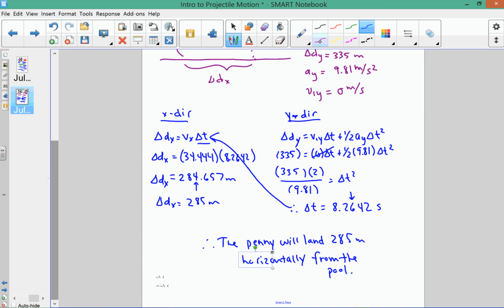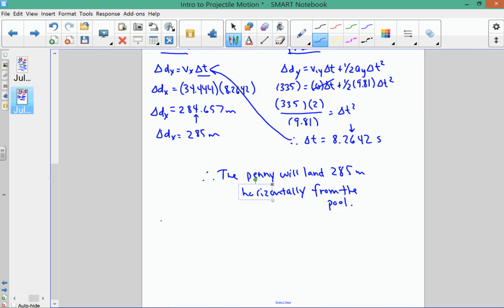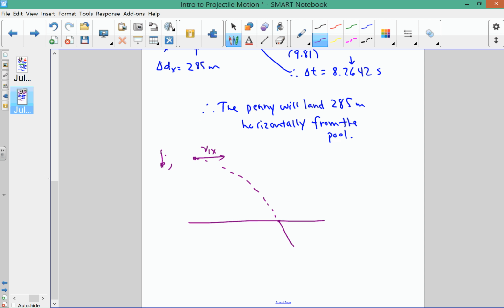For part B, I'm going to redraw the trajectory. Here's where it's released. Here's where it hits the ground. Initially, here's its initial velocity. Finally, let's say this is its final overall velocity.